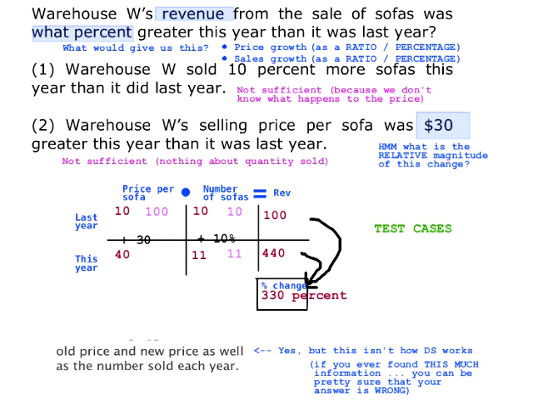Now the price is $130. So this is going to be $1,000, and this is going to be about $1,400-ish. We don't need to calculate the exact values because this is clearly not a 330% increase. So still not sufficient.